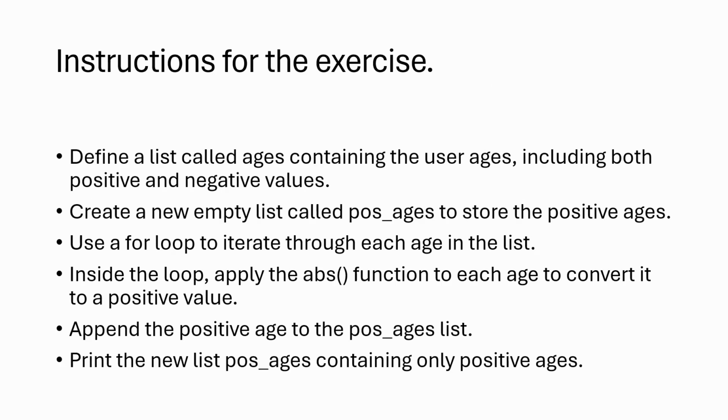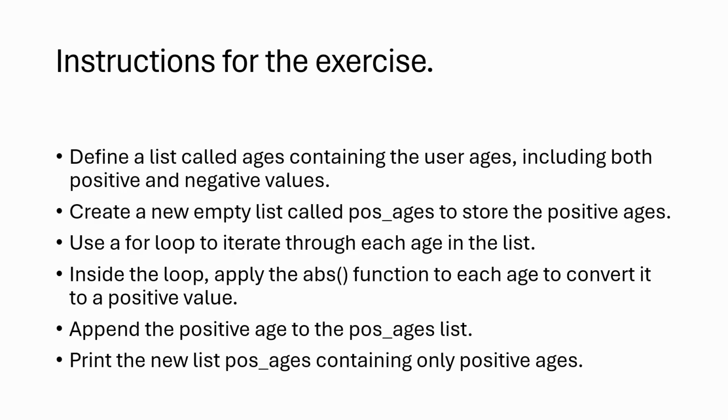But let's take a look at the instruction. First of all, you're going to define a new list called ages containing the users' ages, both negative and positive values. From there, you're going to create an empty list called post_ages, something like positive ages, to store the positive ages.